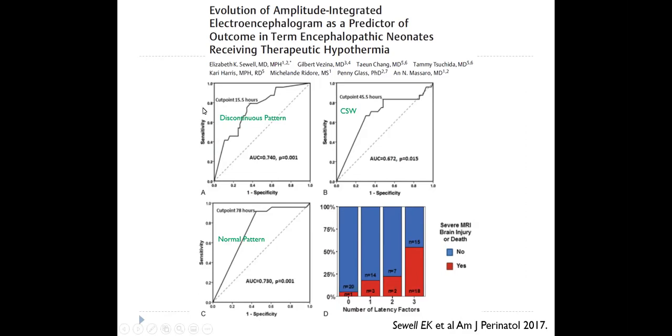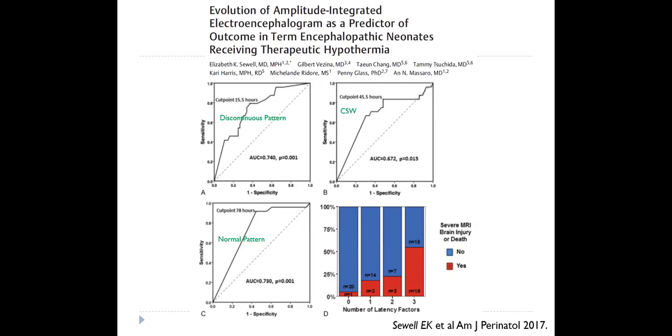The good cutoff point for this change from abnormal to discontinuous pattern was 15 hours, and the area under the curve was good, 0.74. For cycling sleep-wakefulness, the good cutoff point was 45 hours, and finally to recover a normal pattern, the good cutoff point was 78 hours.